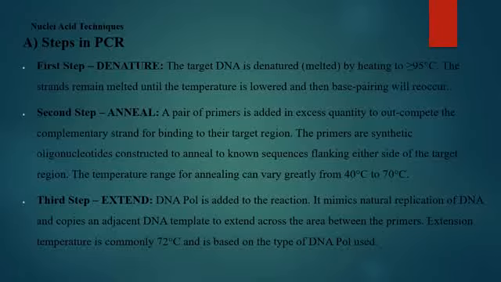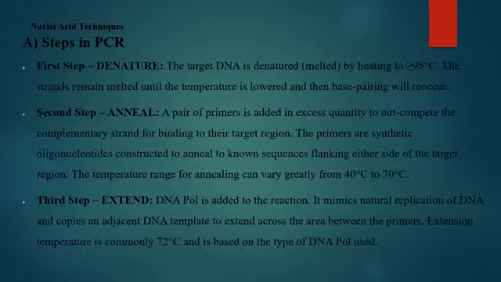And this, the DNA polymerase is going to identify your primer and then copy the strand of interest. So the DNA polymerase mimics the natural replication of the DNA and copies an adjacent DNA template to extend across between the primers. So a primer is bound to the one end, bound to the other one.